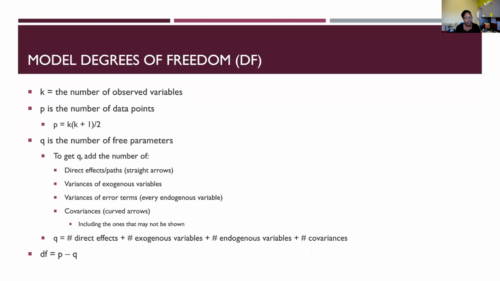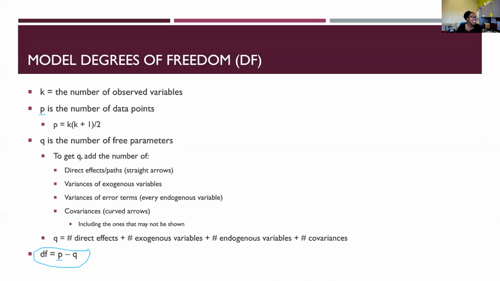Okay, so now that we know what a parameter is, now we can talk about how to estimate our degrees of freedom. The first thing we're going to estimate is the number of data points. Actually, let me start down here. Degrees of freedom is P minus Q. P is the number of data points, not the number of parameters. I know it's confusing, but that's just how it goes.